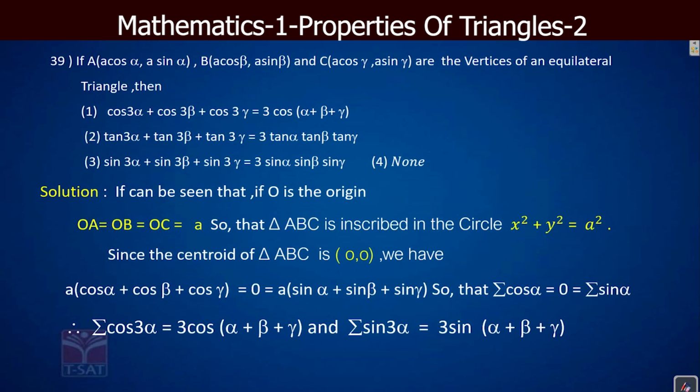It's a worked out problem in all the books. But here sin 3 alpha plus sin 3 beta plus sin 3 gamma is going to be 3 sin alpha sin beta sin gamma, which is not the answer. So the correct answer is option number 1.